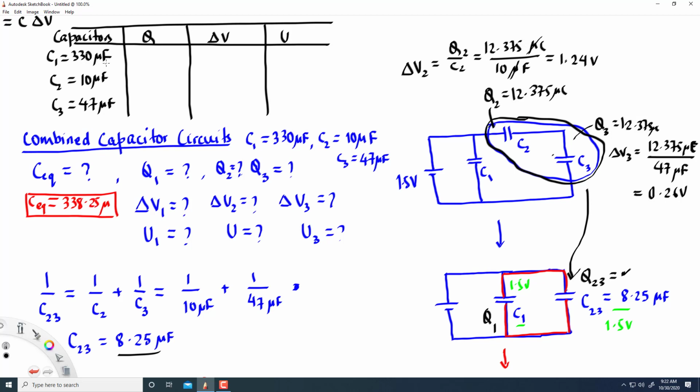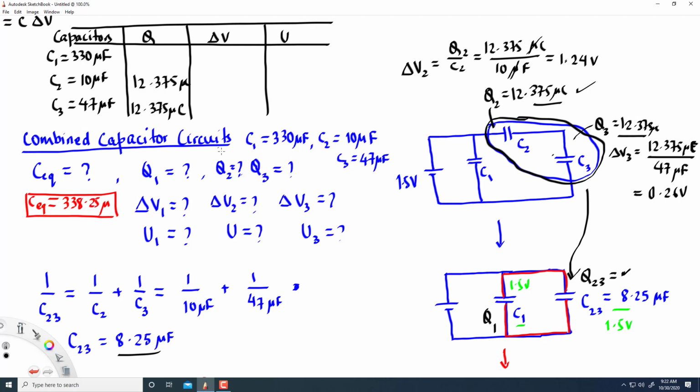So Q on C1, what did we get for Q on C1? Q2 on C2 is 12.375 microcoulomb, okay, that's that. Q3, same thing, 12.375 microcoulomb.